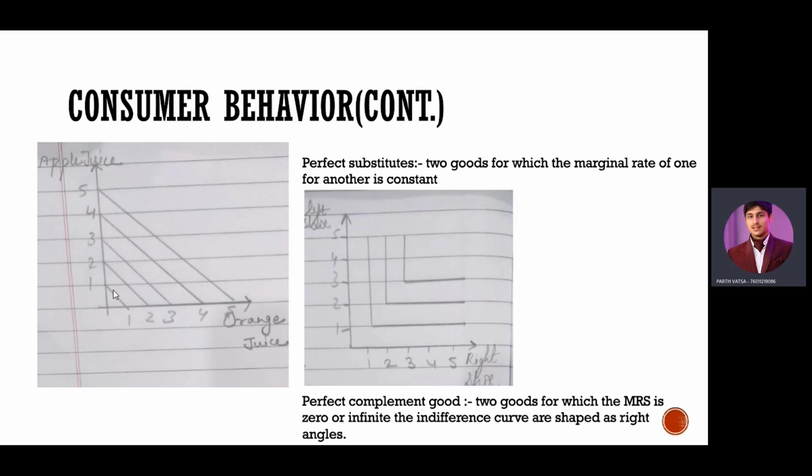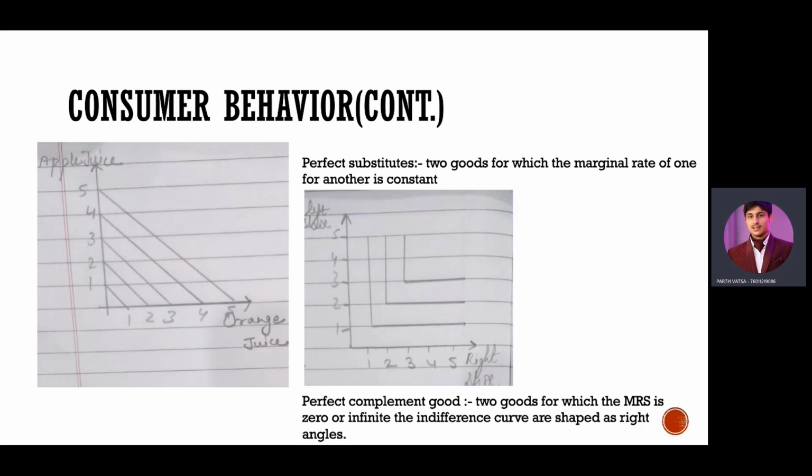Here you would be leaving one glass of orange juice for one glass of apple juice. So here it's a constant. Again, for two you are going to leave two, for three you are going to leave three. That's how this sloping line has been constructed.